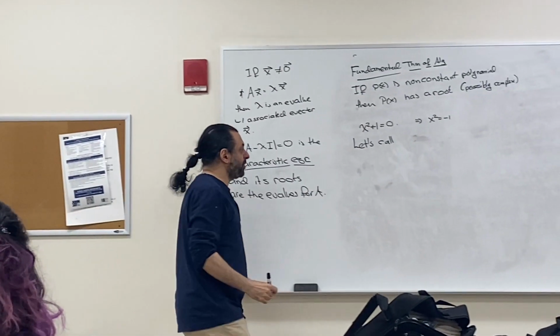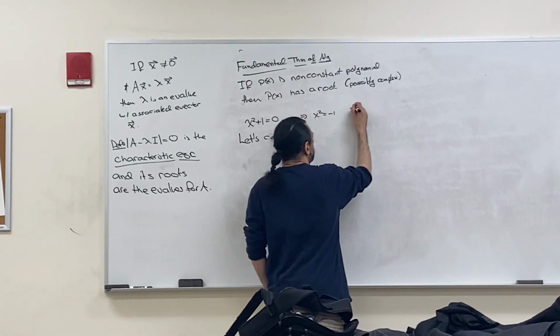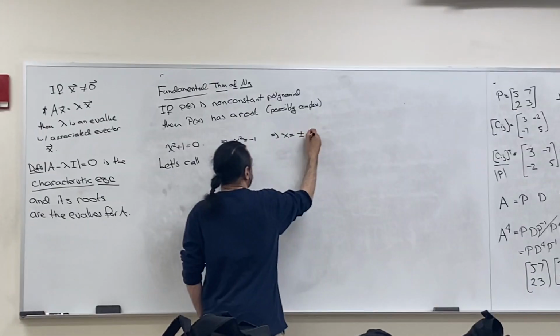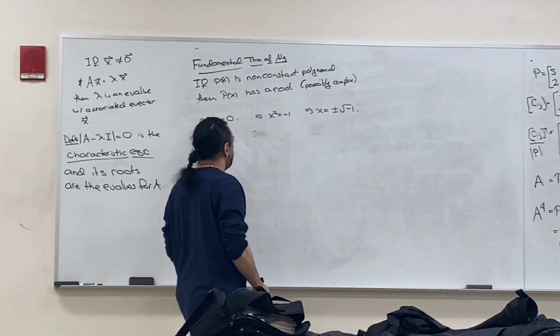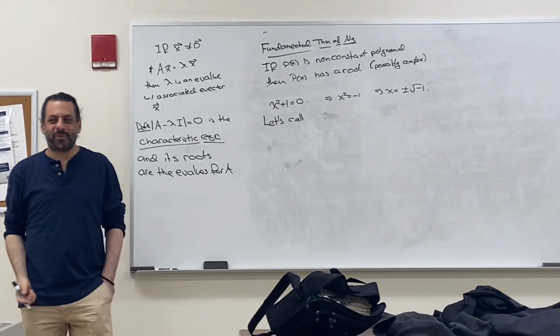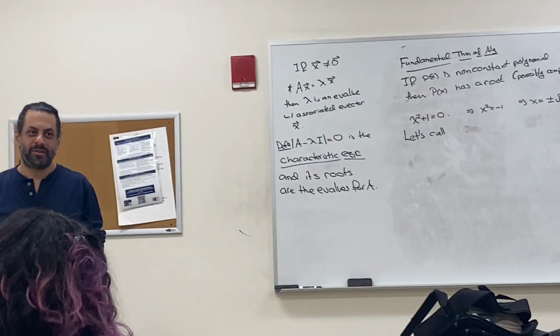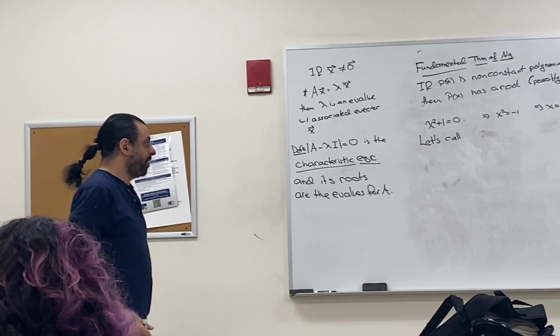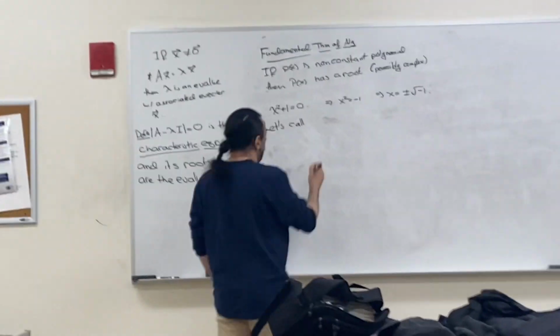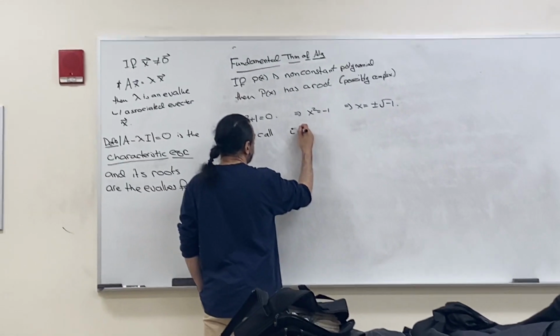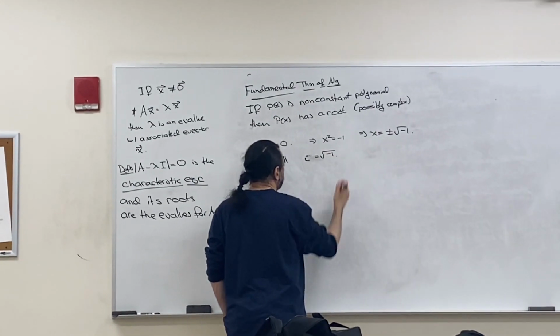And then we take the square root of both sides. So x is equal to plus or minus the square root of minus 1. So we said, what's this square root of minus 1? No real number has the square minus 1. So they say, let's call i the square root of minus 1.